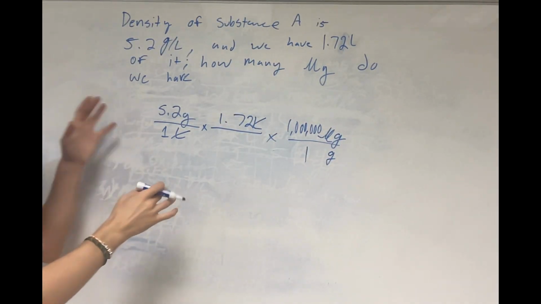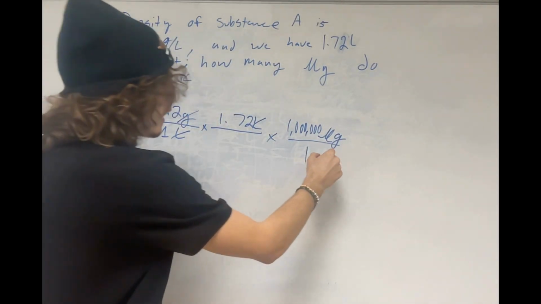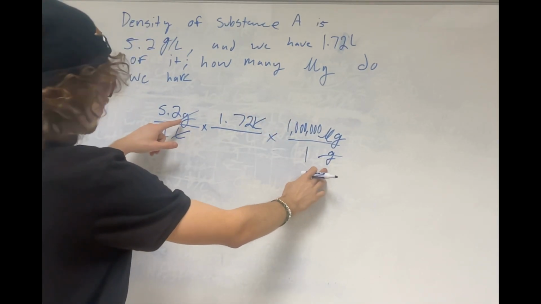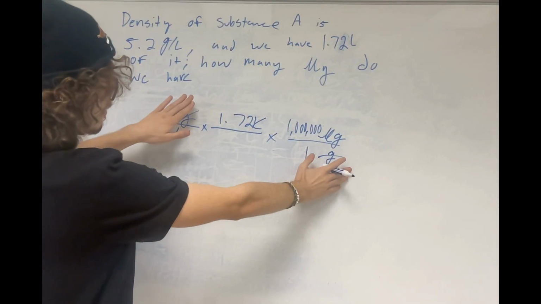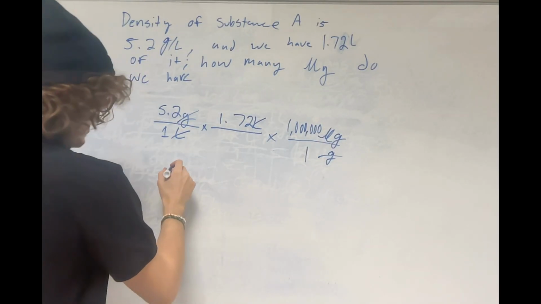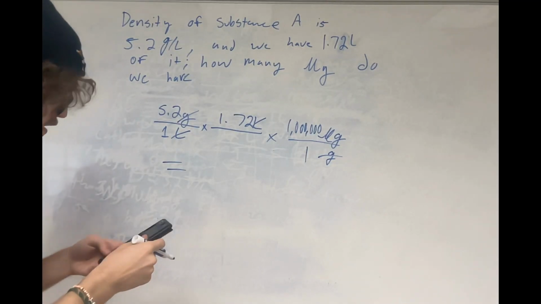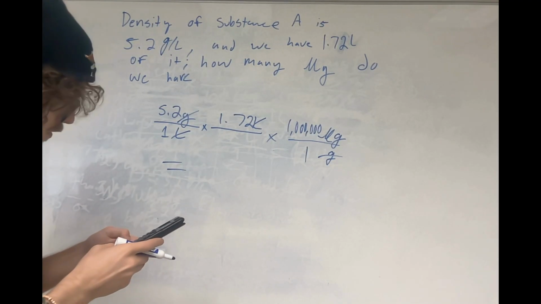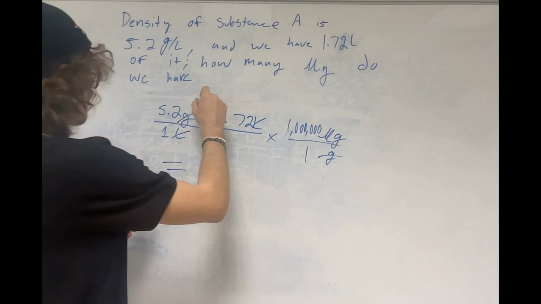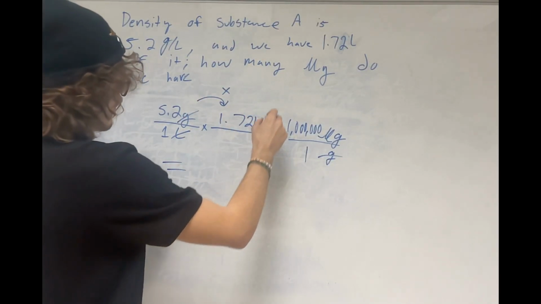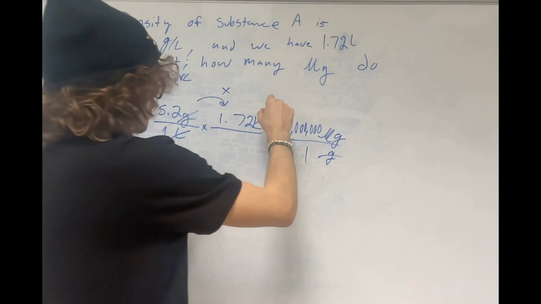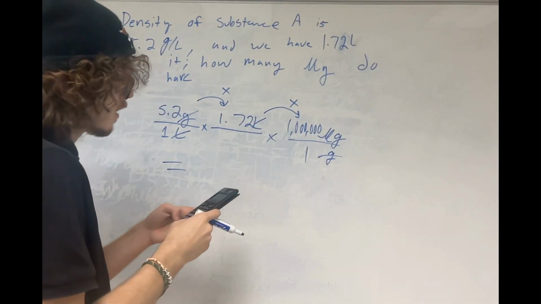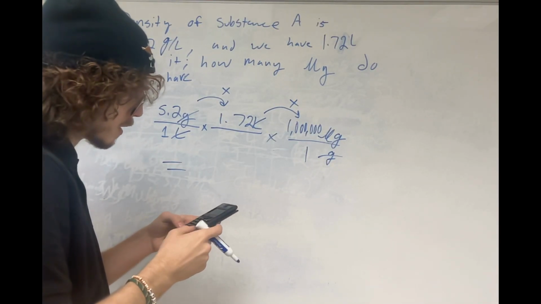But this is the entire dimensional analysis. Now look, grams, even though they're separated by a little conversion, right, they're still canceling, right, because they're top and bottom, but you still have micrograms on top. So when we compute this, we have 5.2 times 1.72. So we're going to multiply the top, and then there's nothing to divide in the bottom, so we're just going to multiply by this number again. 1,000,000 is what we're going to multiply by.